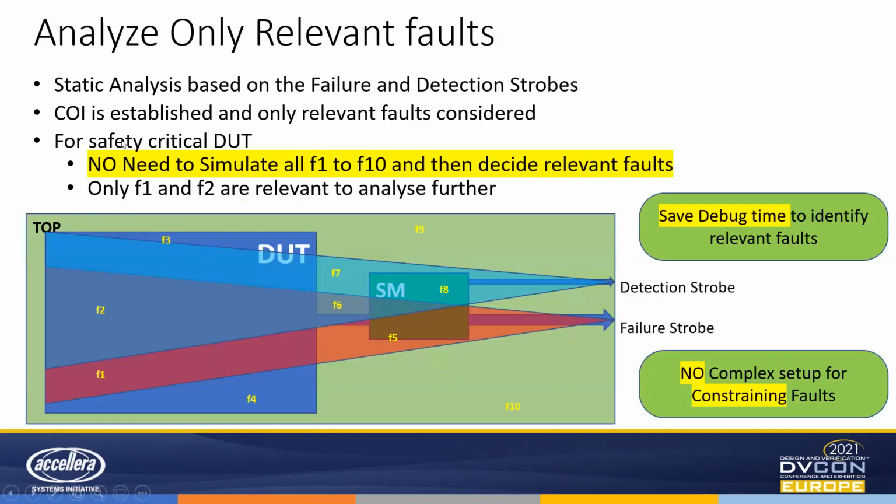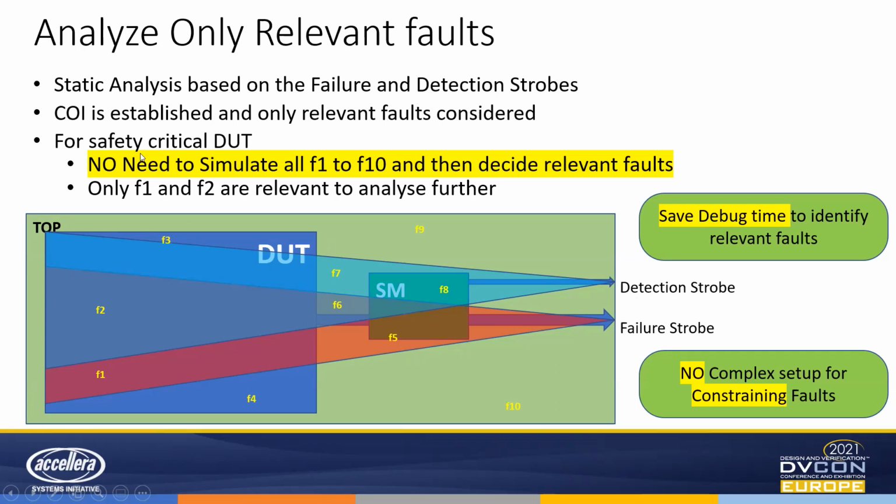To get started, how do we figure out the relevant faults, and why are they important to figure out? Static analysis is based on the strobes which we define as a safety setup, as I mentioned. The failure strobe is the one where the fault will violate the safety goal, and the detection strobe is the one where a fault gets detected.